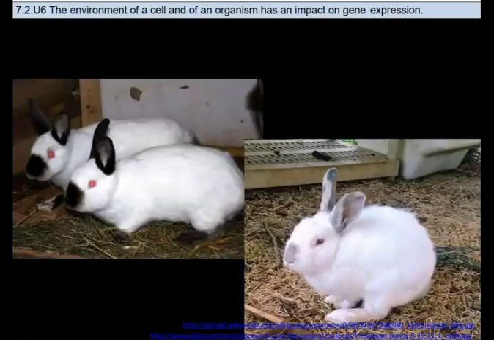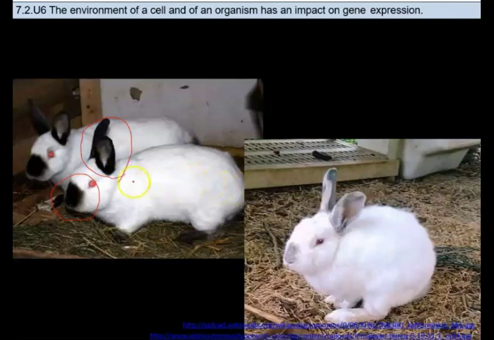We are going to talk about the environment's effect on gene expression. Look at these two cute rabbits. So cute. What do you think the difference between these two is? You see that they have different colors around the nose, and also the ears are a little bit different.